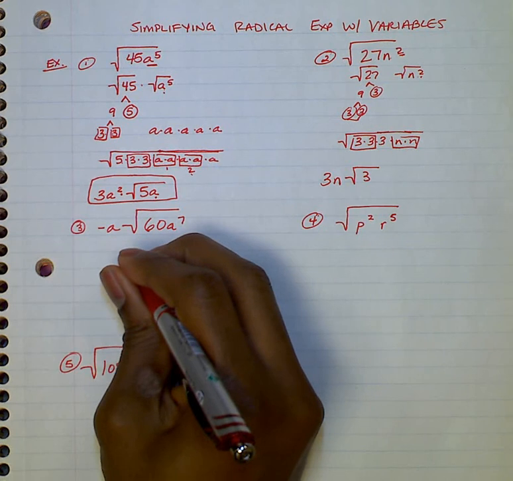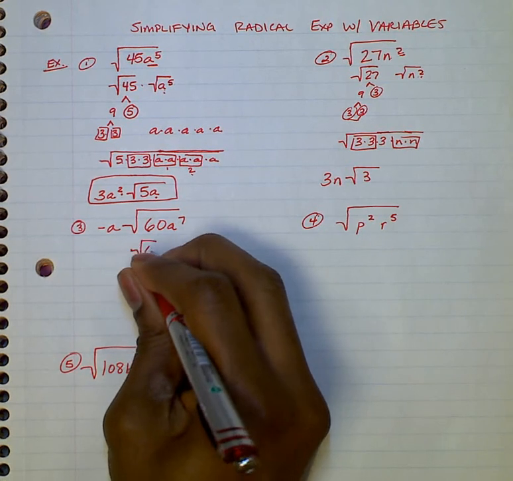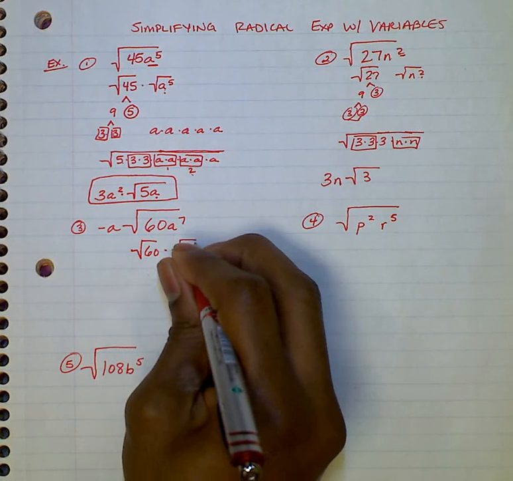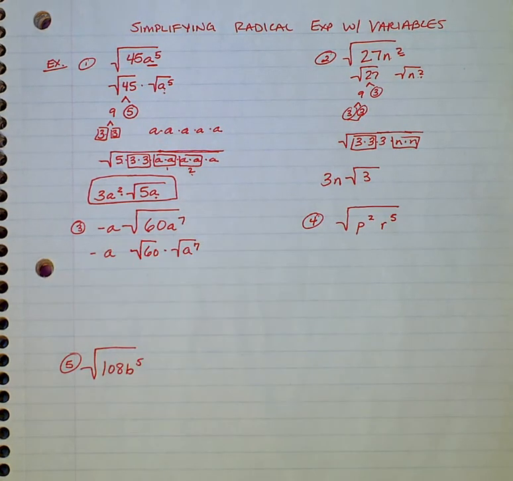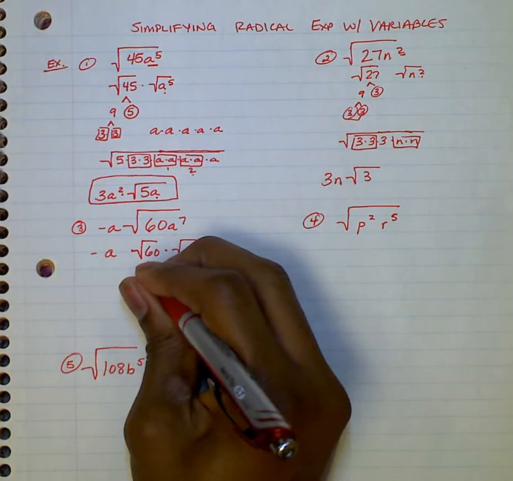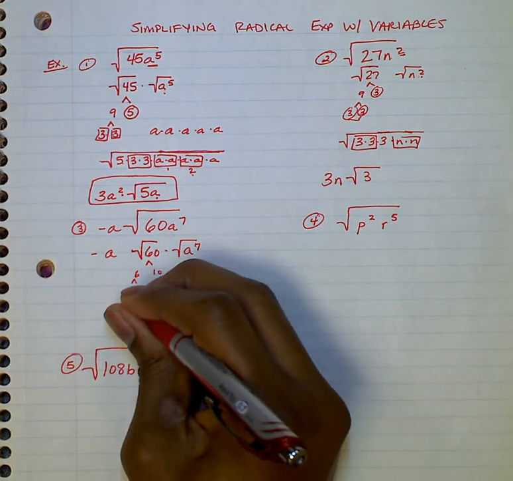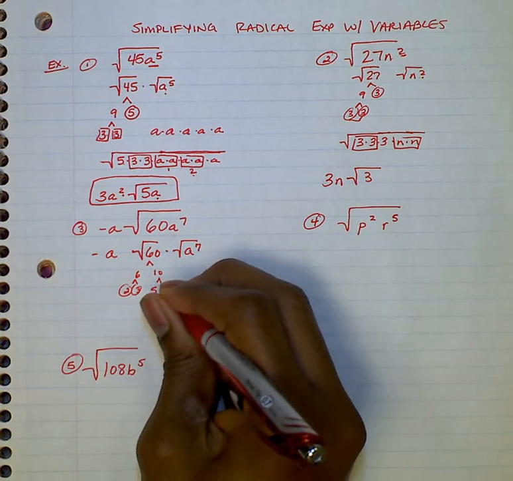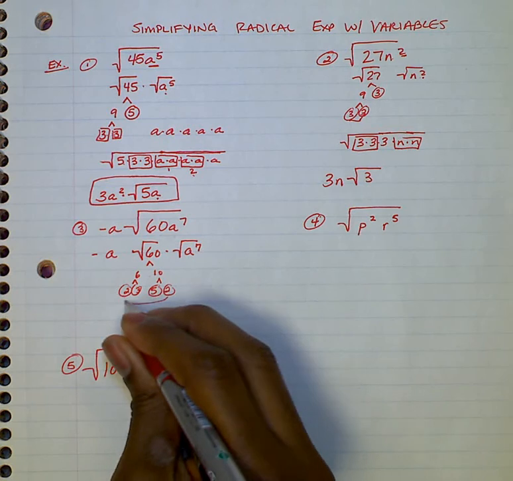If you get it, you can stop now and see how you're doing and check my answers. If not, keep following along. In this case we have a negative a on the outside, so we'll keep it there. Let's see. 6 and 10 is what I'm thinking. 2 and 3, those are prime. 5 and 2, those are prime. So I have a pair of 2's that go out.